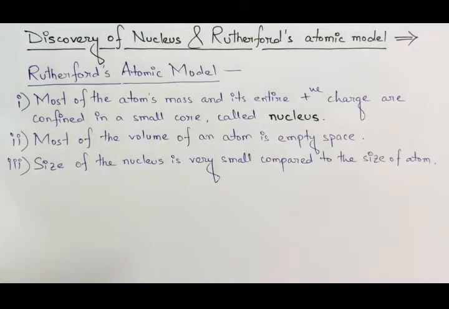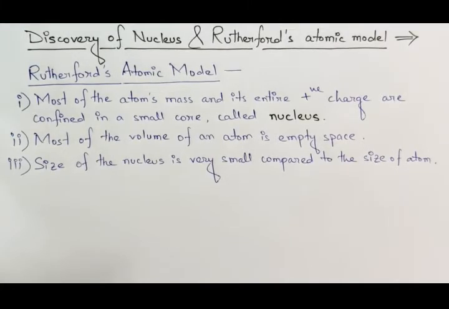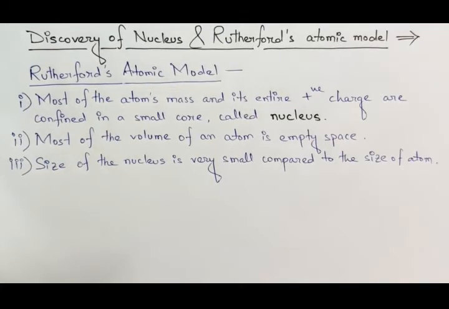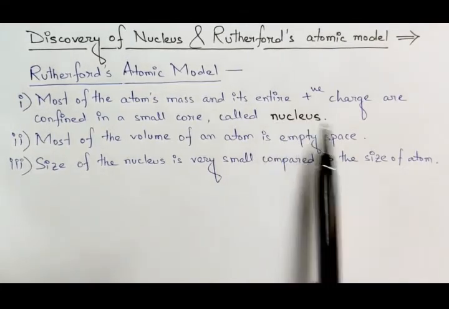According to the observations of the gold foil experiment, Rutherford suggested one atomic structure, and this was called Rutherford's atomic model. According to Rutherford, most of the atom's mass and the entire positive charge was confined at the center, called the nucleus. So in this way he discovered the nucleus.